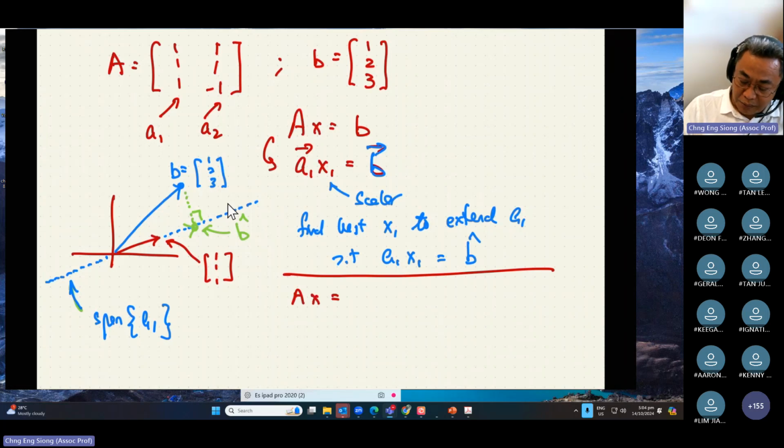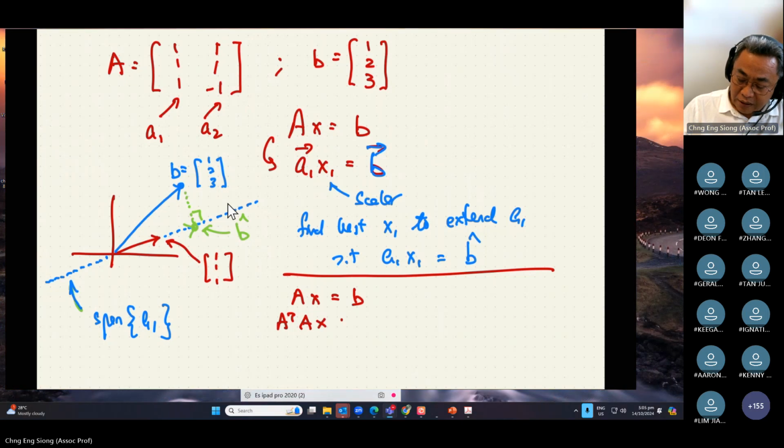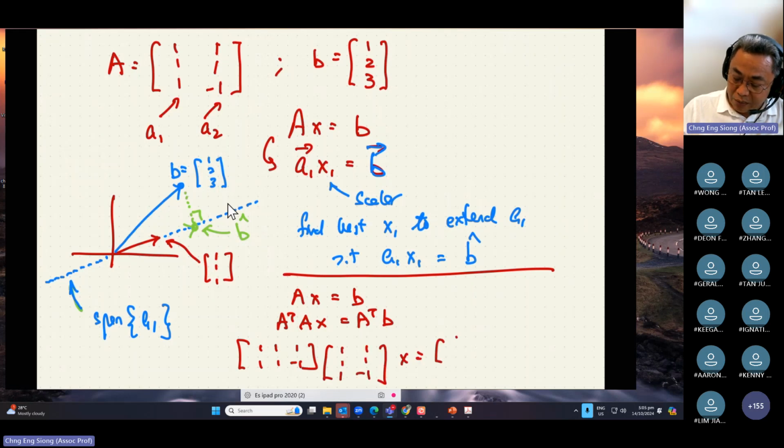Ax equals B, introduce the normal equation, A transpose A x equals A transpose B. Now my A is [1, 1; 1, 1; 1, -1], multiplied by its transpose [1, 1, 1; 1, 1, -1]. My x is [x1, x2], my b is [1, 2, 3].